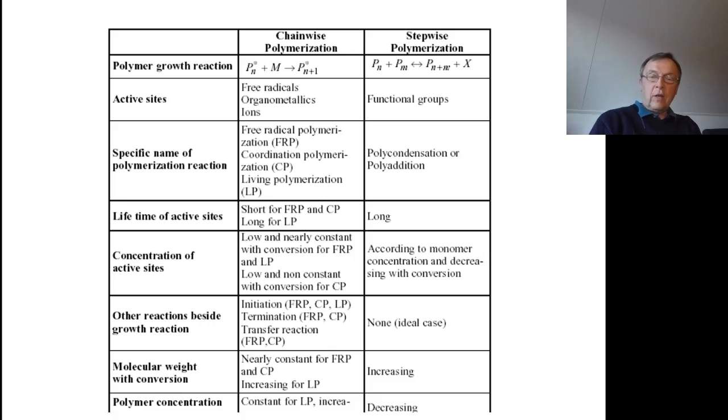So the highest concentration of species at all is present at the very beginning, because then we have the concentration of the monomers, and in the very end, we have a rather low concentration of macromolecules, and only once we approach the end of the reaction, we have the lowest concentration of macromolecules with the highest molecular weight.